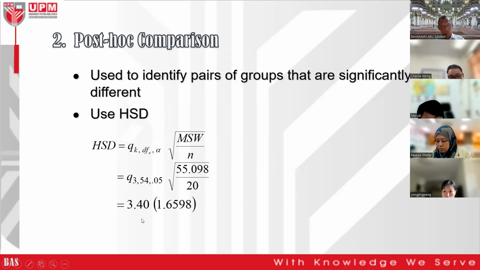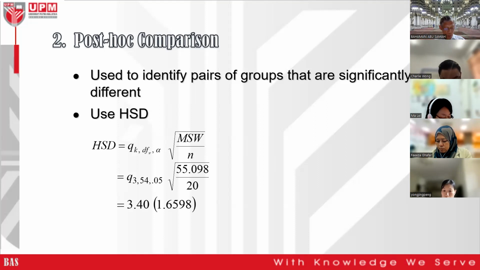Okay, let's try to check. Is it really 3.40? Go to the column for 3, and then you move down until you get degree of freedom 54. You don't have 54, but we have 40 and 60.